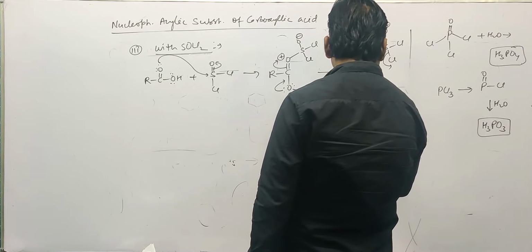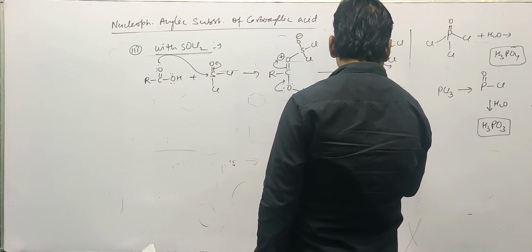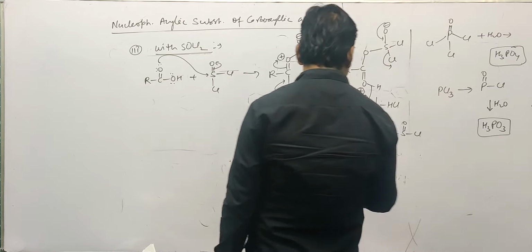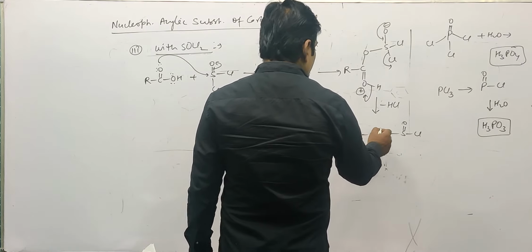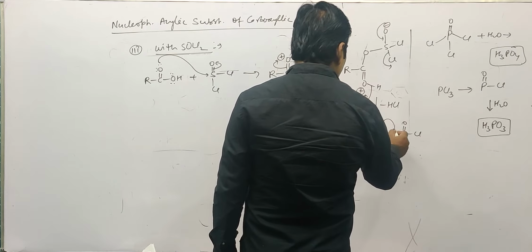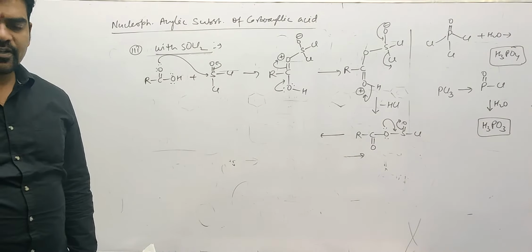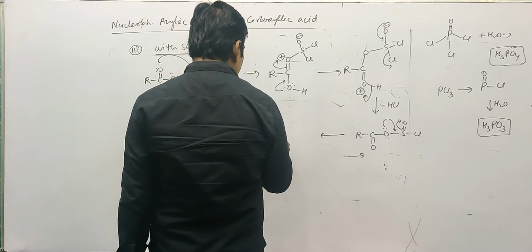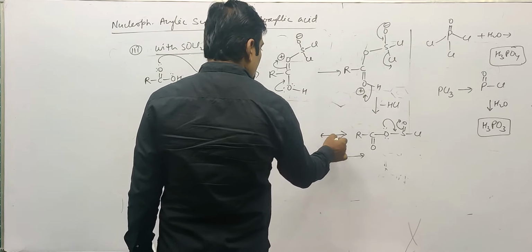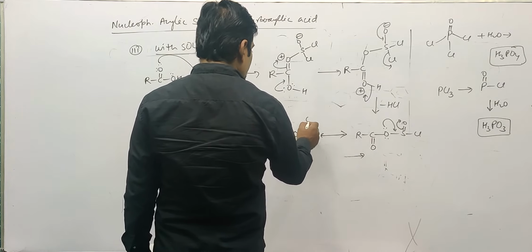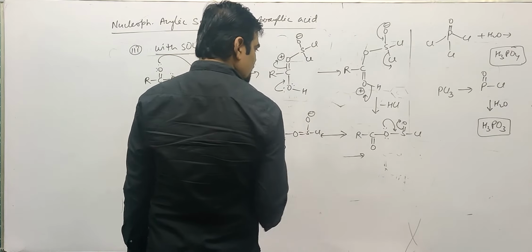So it will form RC double bond O, over here O S double bond O Cl. Further, there is an electron pair, and there is delocalization in this case. So due to delocalization, this will become RC double bond O, over here O double bond S O minus. At this plus there is Cl.